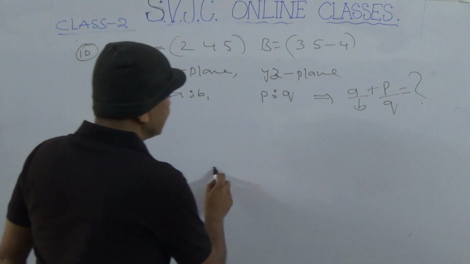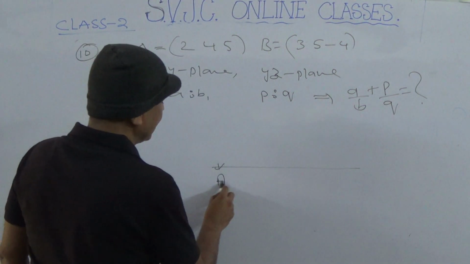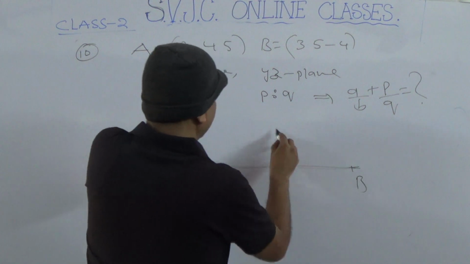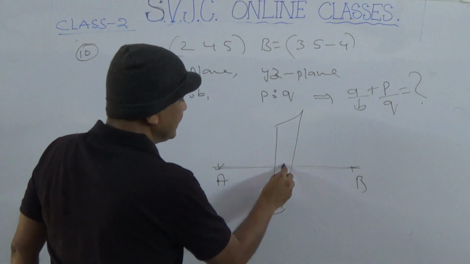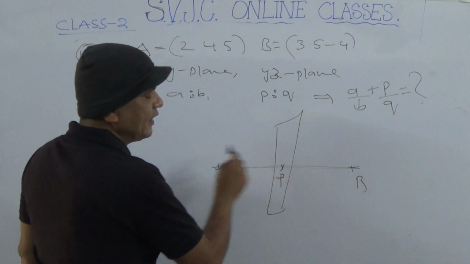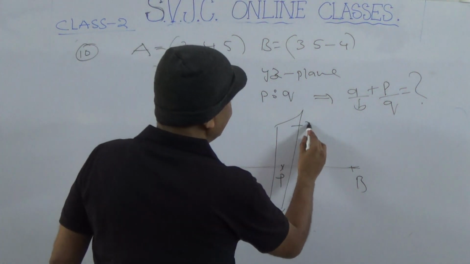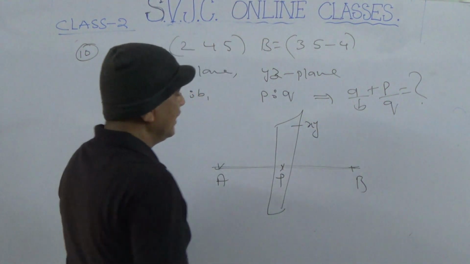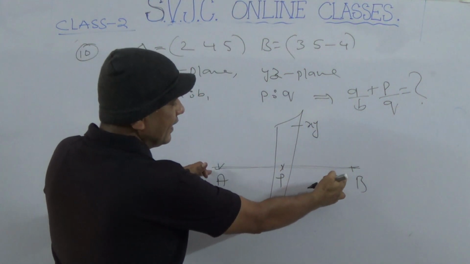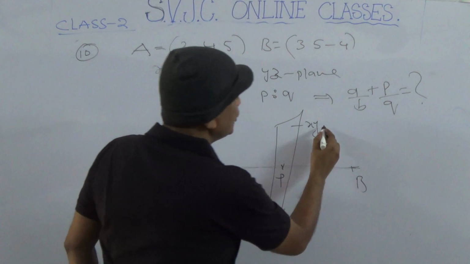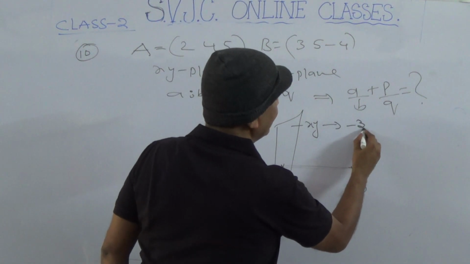We already know that there is a line segment AB, and a plane divides the line segment AB at P. The XY plane divides the line segment AB in the ratio minus z1 is to z2.